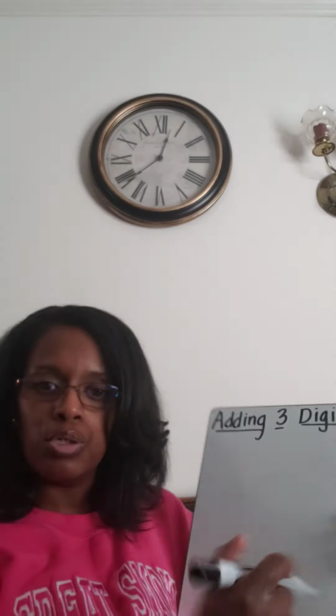Now, I'm going to show you something really quick because when you're adding three-digit numbers, you might see them in more than one way, okay? And I do want you to be prepared to see them both ways, okay?